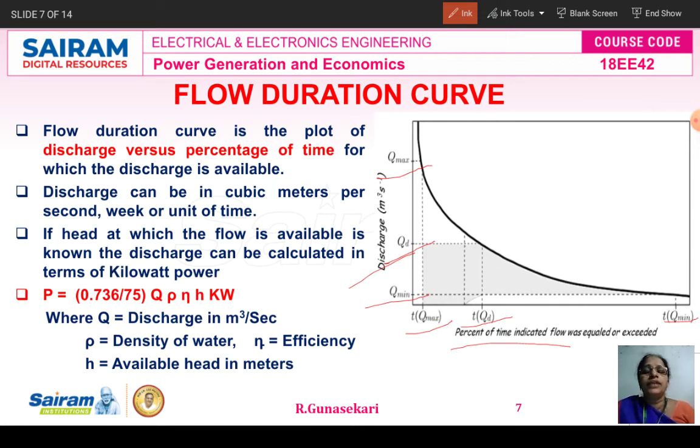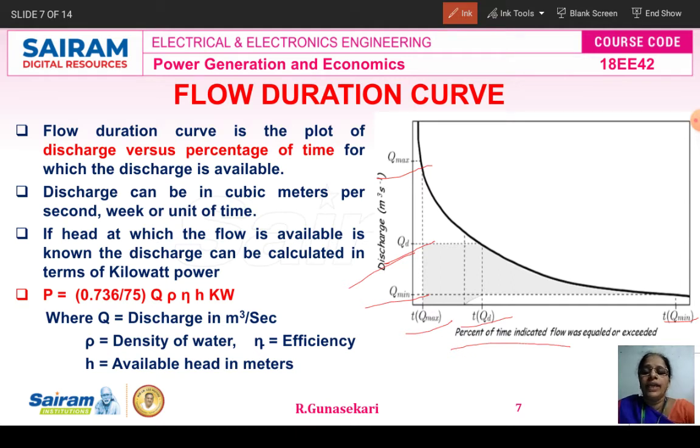The flow duration curve is drawn between the discharge versus the percentage of the time for which the discharge is available. The discharge can be in cubic meters per second, or per week or other unit of time. If the water head at which the flow is available is known, the discharge is calculated in terms of power, kilowatt.